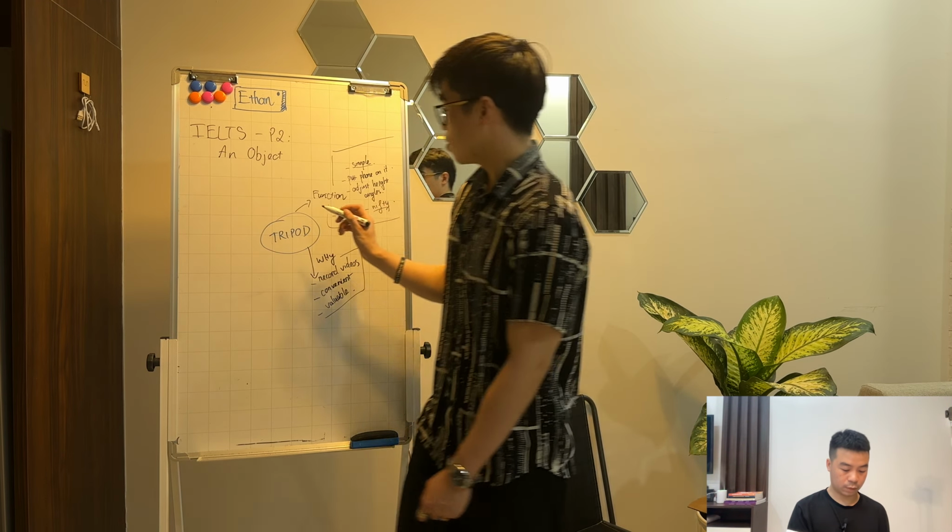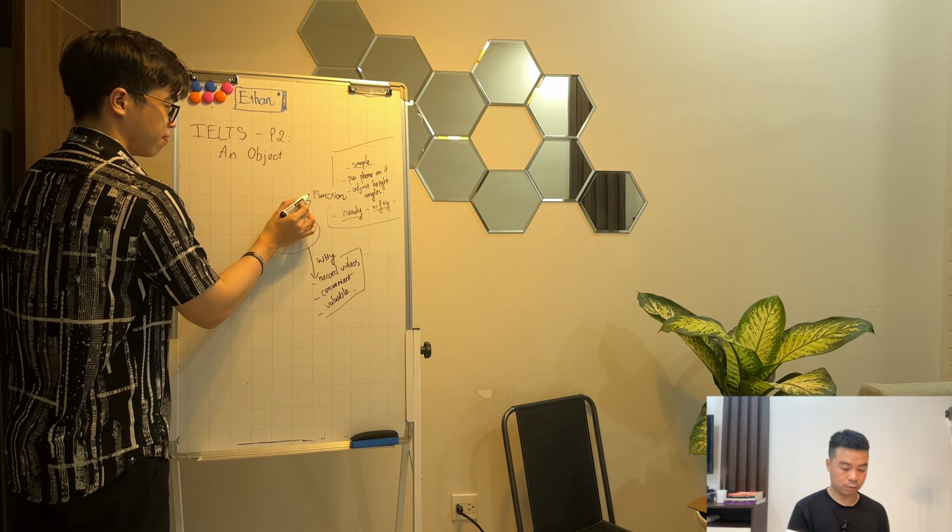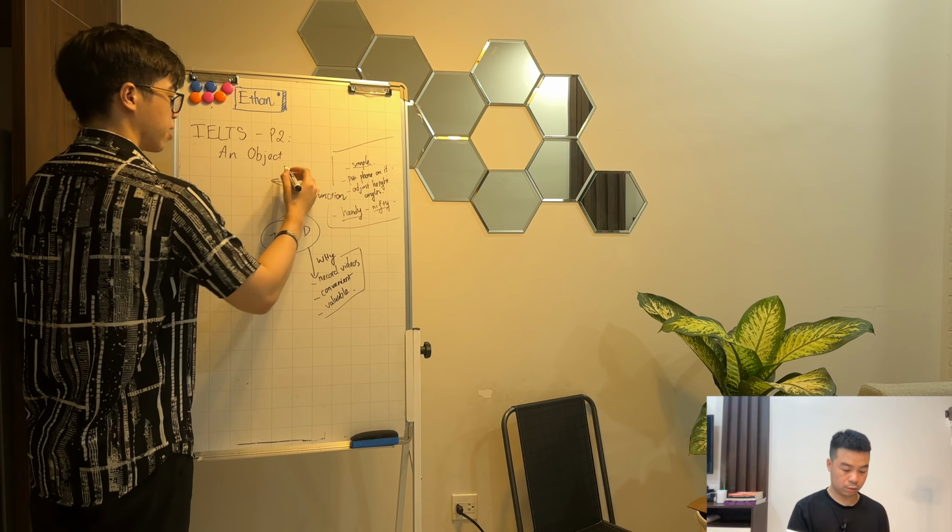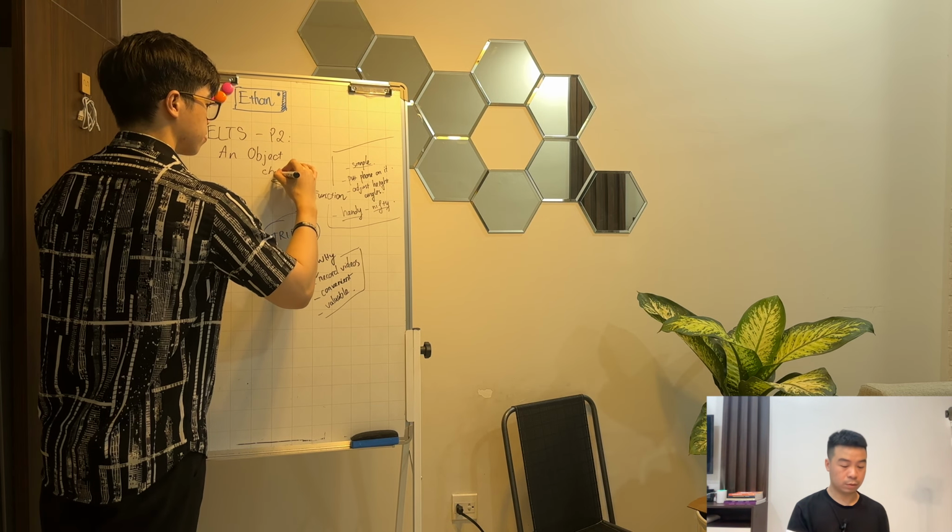So relating to the function, we also have the characteristic. Like you need to describe that a little bit. So what color is it? Black. Yeah, it's a black one.